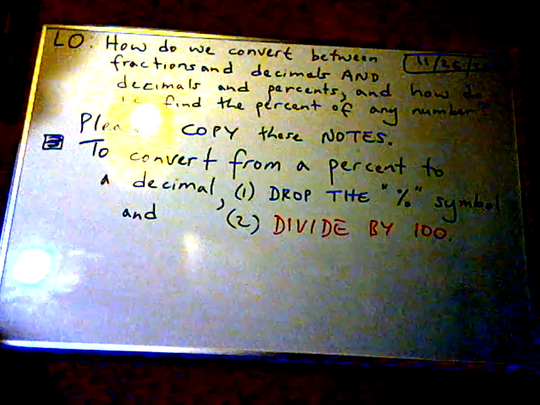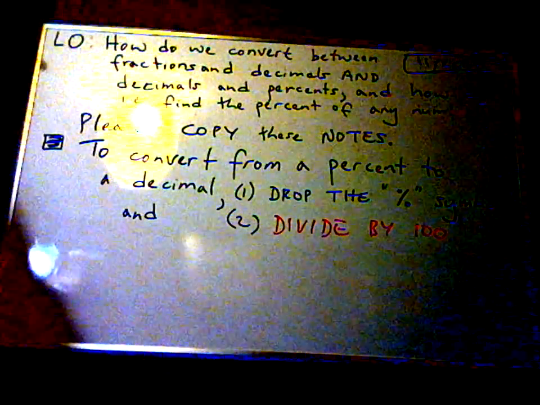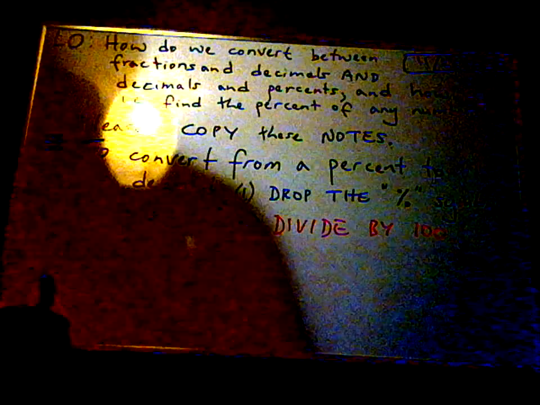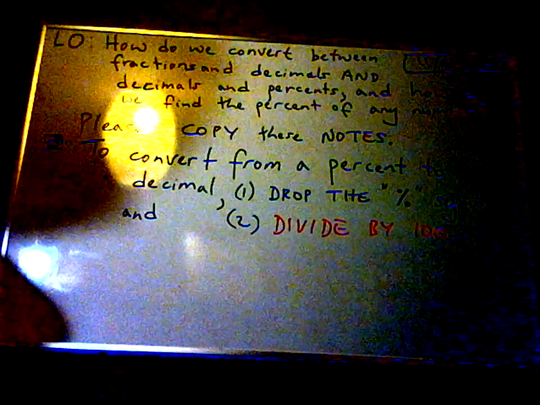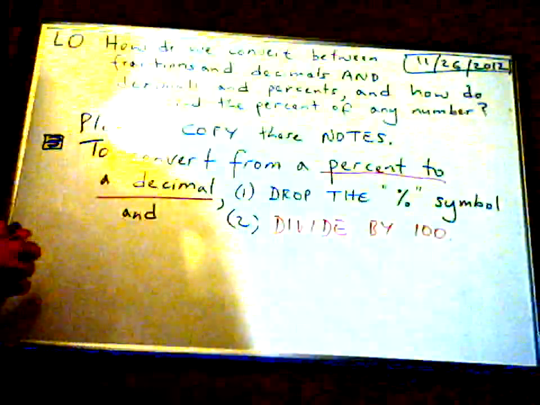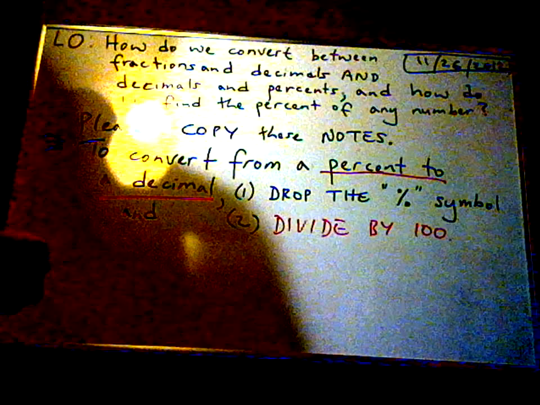So notice the difference. When you're converting from a decimal to a percent, you multiply by 100%. When you're converting from a percent to a decimal, you divide by 100.